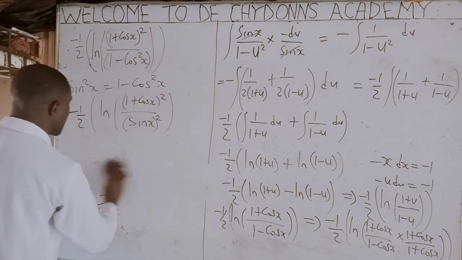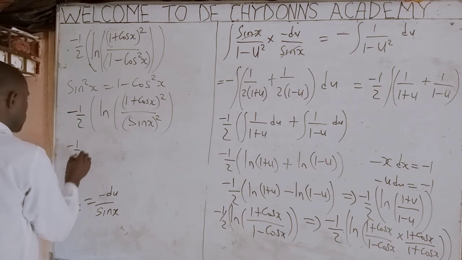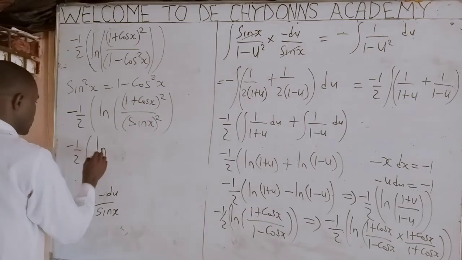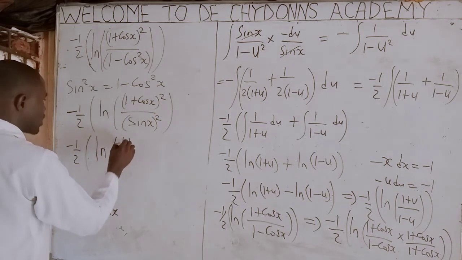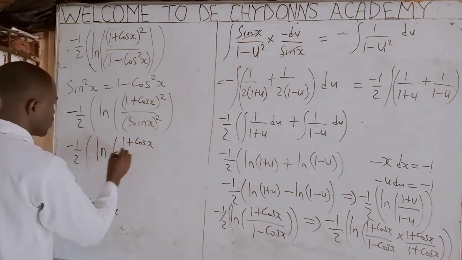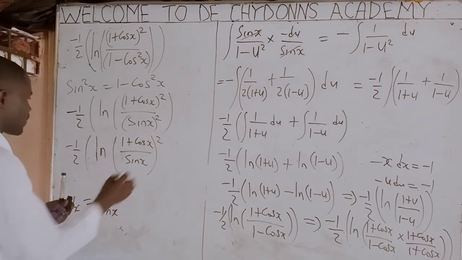My next step will be minus 1 over 2 bracket ln, and I bring out the power of 2 they have in common: 1 plus cos x all over sin x, both have power of 2.